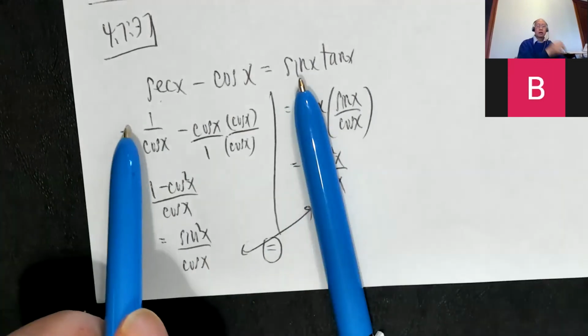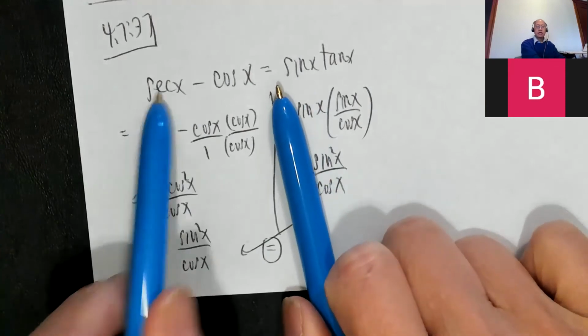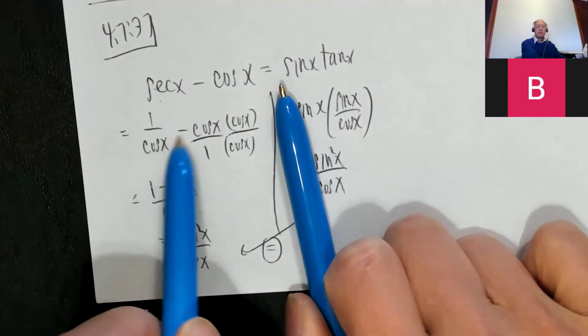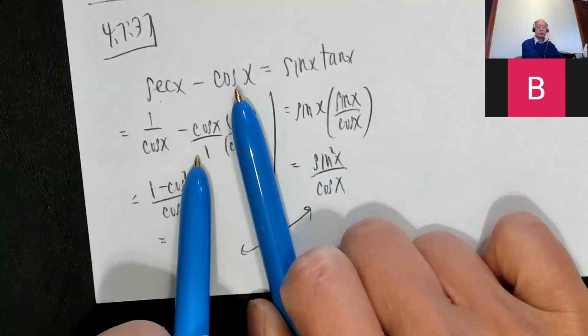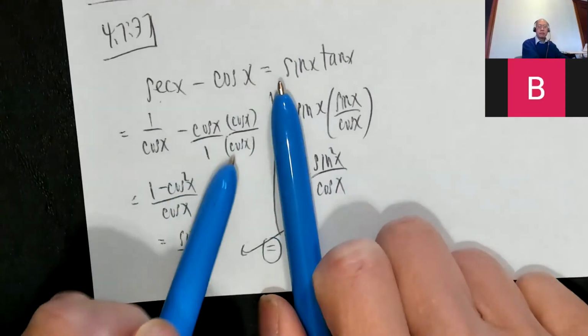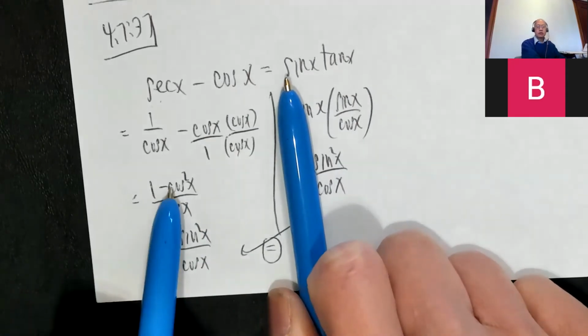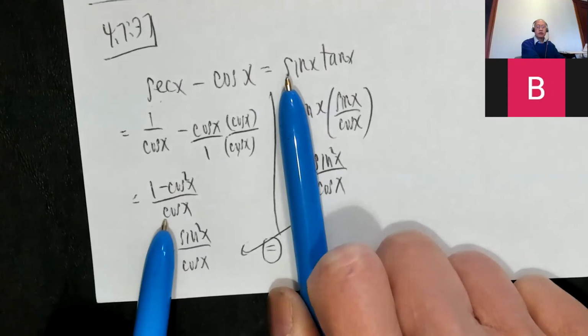I work on this side, I can work on this side, and hope I can get them to match. One common trick is to change everything to sine and cosine. So secant is 1 over cosine minus cosine x over 1. And then I get a common denominator, multiply top and bottom by cosine x. So that gives me 1 minus cosine squared x over cosine x.